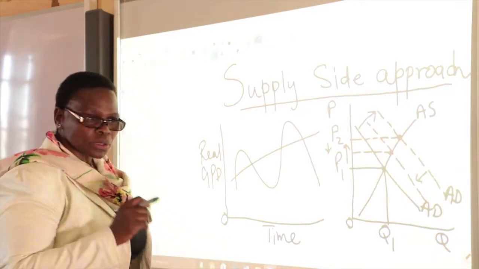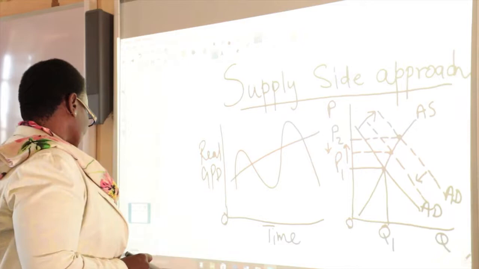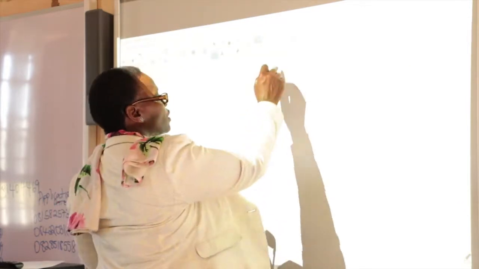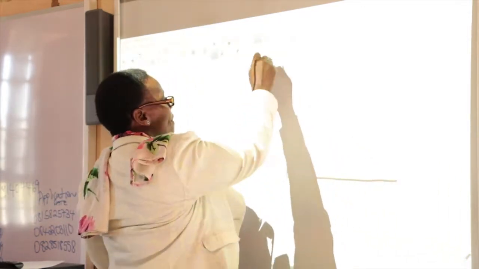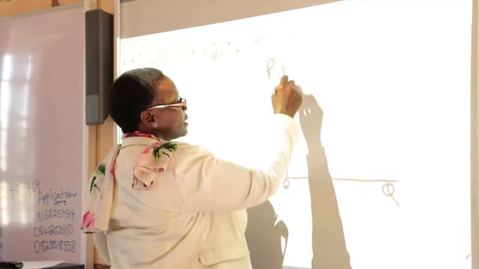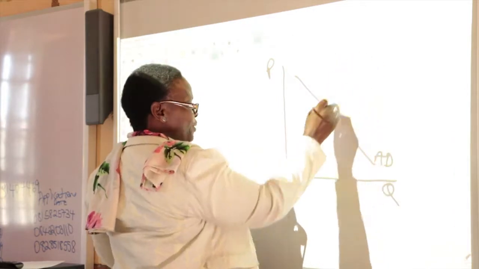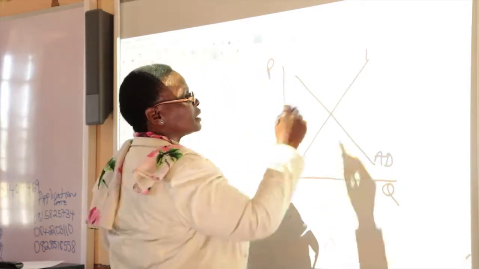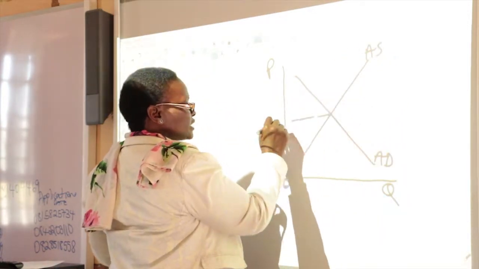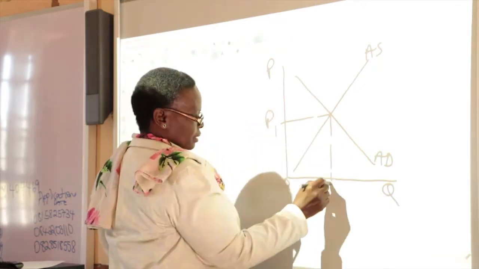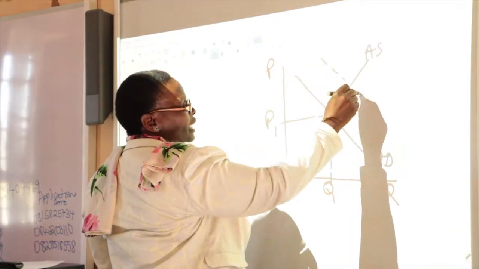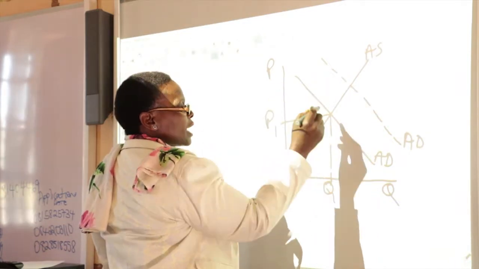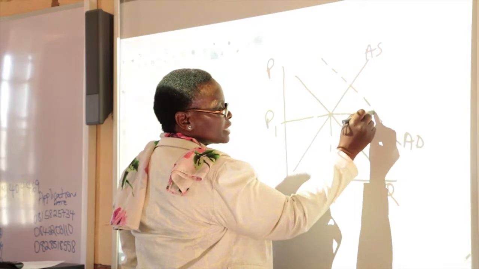So previously, they would focus on the aggregate demand side. But then when they introduced the new economic paradigm, they introduced the supply side approach to fight both the evils in the business cycles, both unemployment and inflation, such that if aggregate demand is stimulated, instead of the prices and inflation increasing, they will make sure that the prices remain the same.